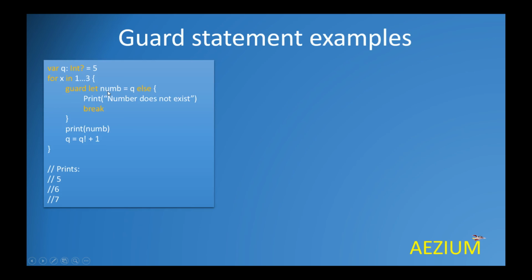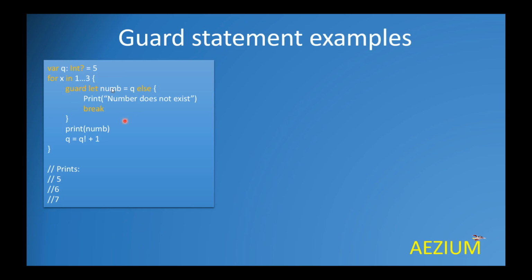The availability of this parameter is only within the for in loop. Outside the for in loop, that parameter is no longer available, and that is why this parameter could be considered as being a temporary parameter.